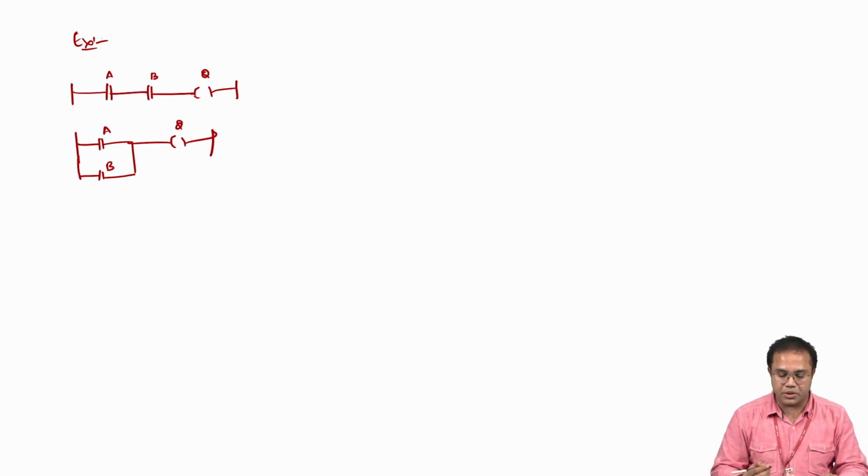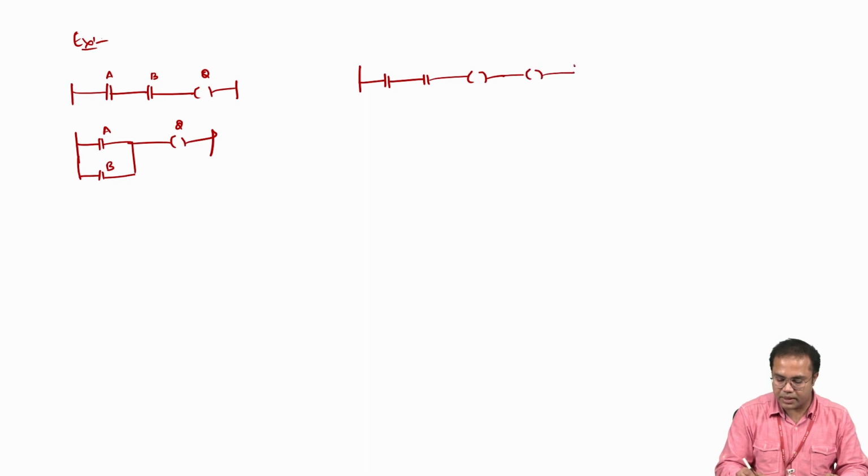But when it comes to the output, we are not supposed to put them in series like this. This is completely invalid, right? So you are not supposed to put these 2 output instructions in series, but you can put them in parallel. Yes, you can bring those instructions in parallel, just below it.